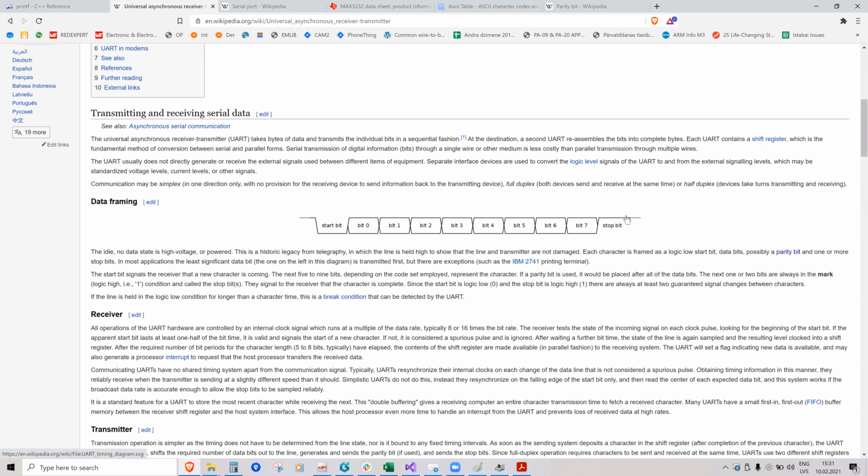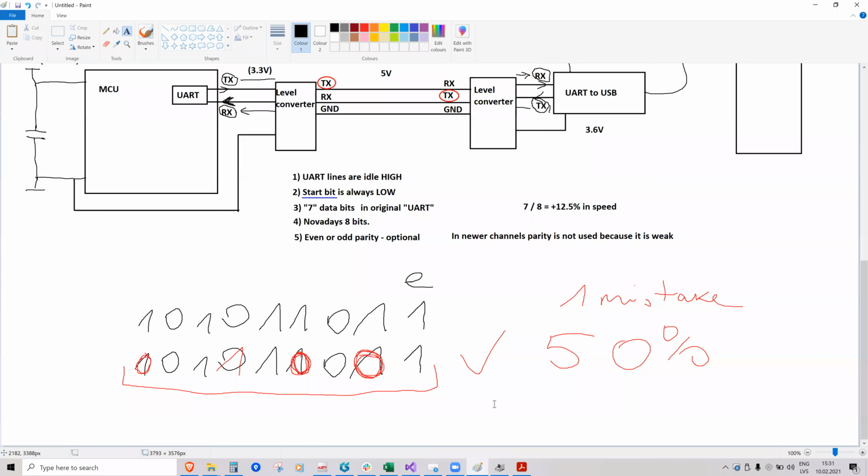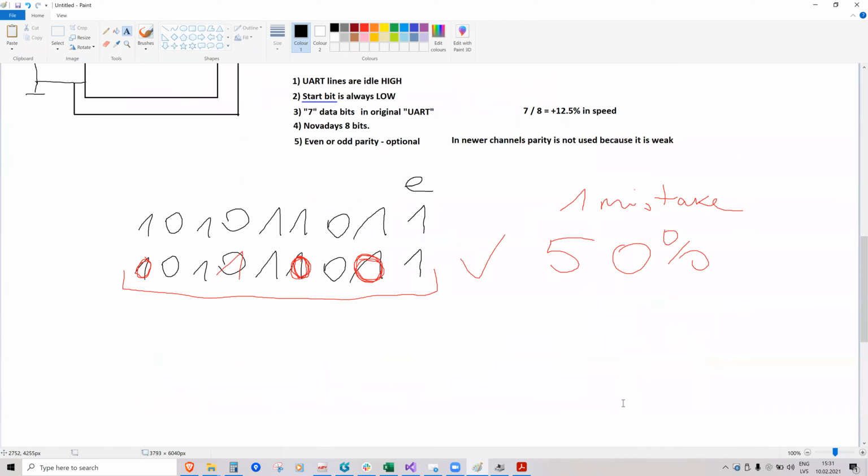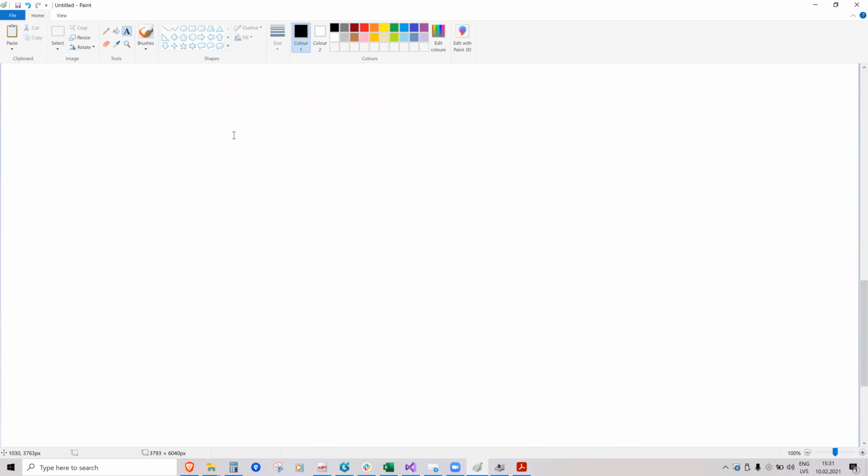Because, for example, if you need to send several bytes, you would send, for example, 1 0 1 1 0 0 1 0, and then the second byte that you need to send is 0 0 0 1 0 1 0 0.